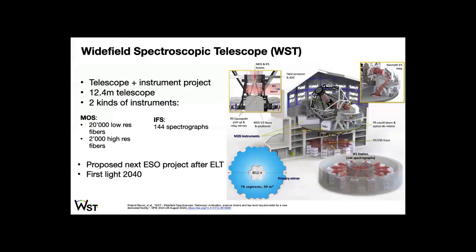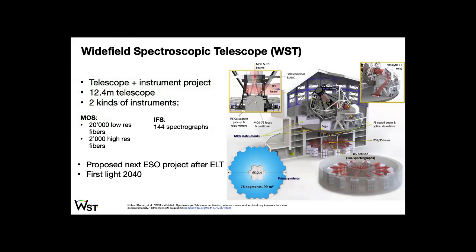And then there's another project which is called the Widefield Spectroscopic Telescope. That's a European-led project, and the idea is to build a 12.4 meter telescope in Chile. That telescope would have two instruments: one MOS instrument with at least 20,000 fibers, probably more, and what we call an integral field spectrograph, where for each point of your 3 by 3 arc-minute field of view, you can measure the redshift of any point in this area.